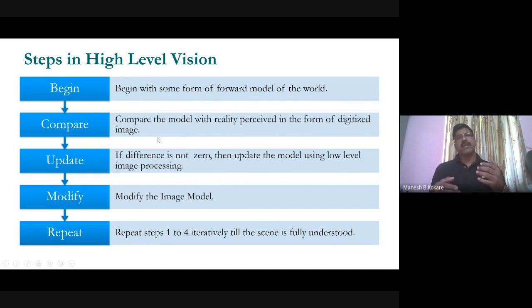Then, if the difference is not zero, update the model using low level image processing, modify the image model, and then the last step is that you repeat this until your scene is completely understood by your model. So these are the various steps involved in high level computer vision.